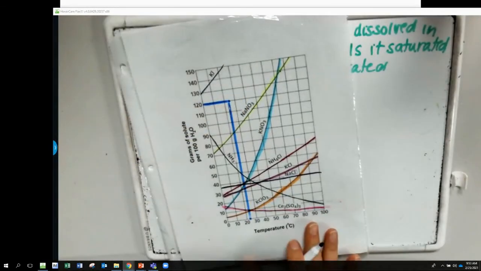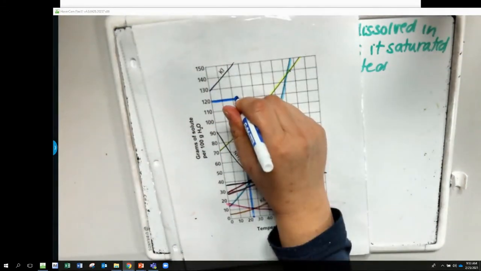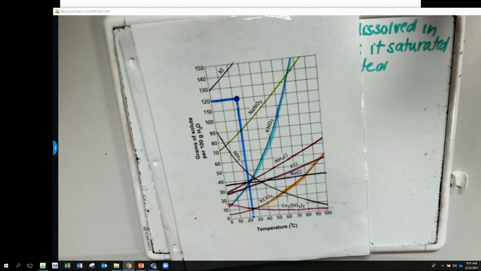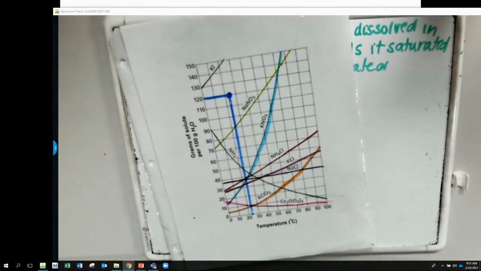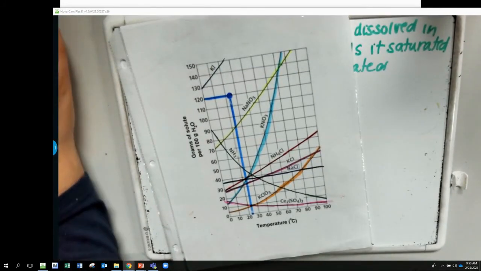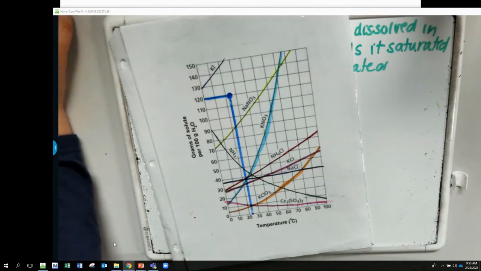So the question is, is this saturated, unsaturated, or supersaturated? We're looking at that point right there. Is it saturated, unsaturated, or supersaturated relative to NaNO3? Because it is above the line, this is a supersaturated solution.